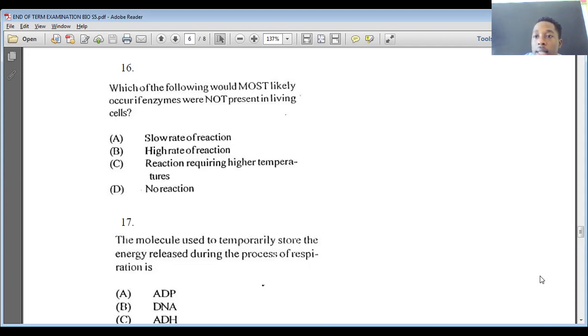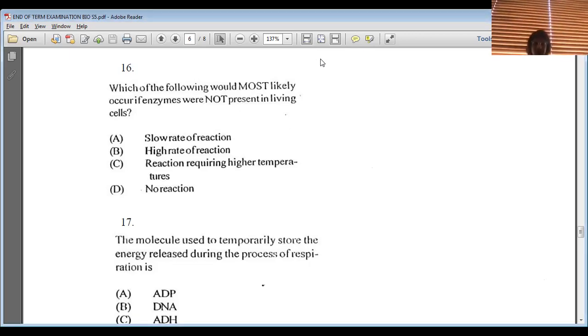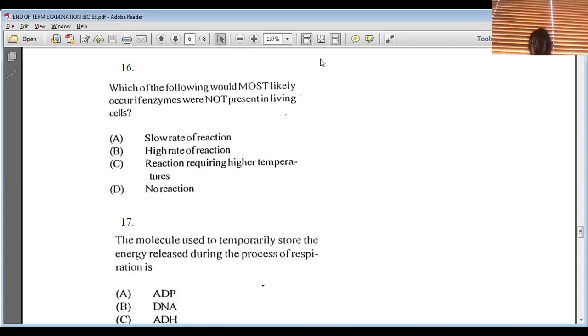Enzymes are a catalyst that speeds up or increases the rate of a reaction. Very important now, by lowering the activation energy.